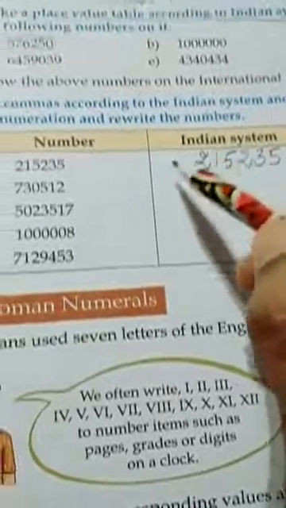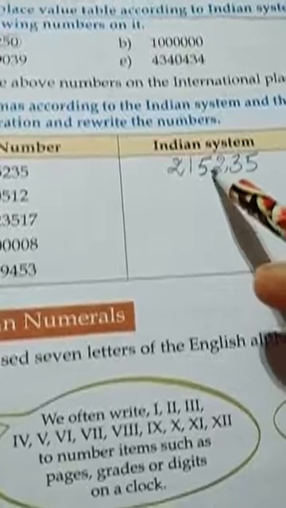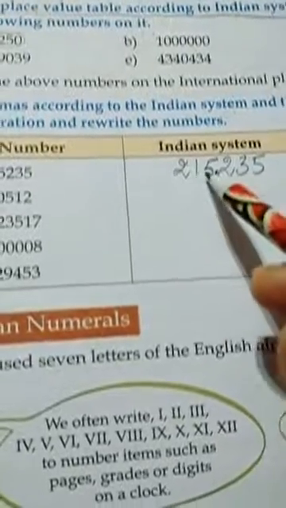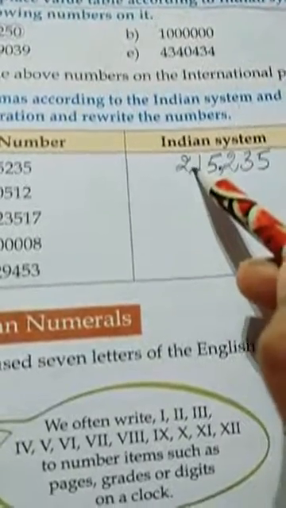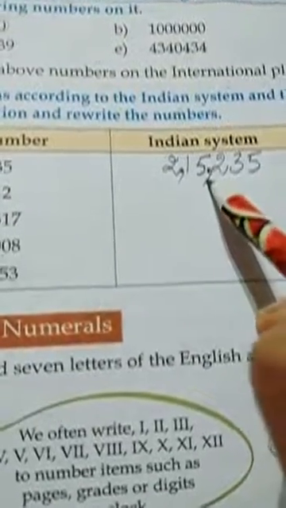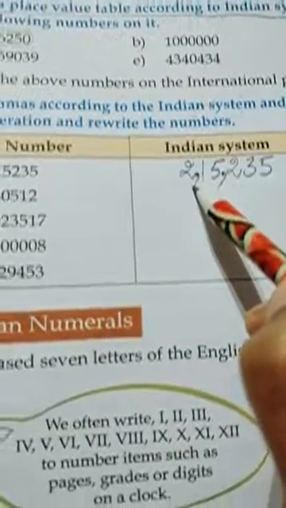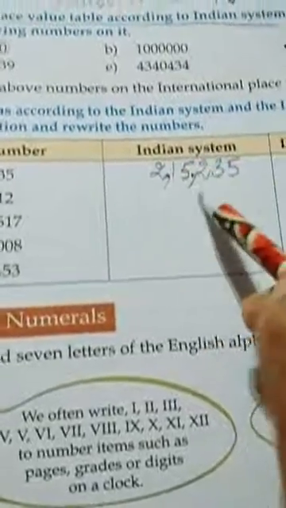According to the Indian system we have to put the commas. Ones, tens, hundreds, then thousands, ten thousands. Like this, the first group is of 3 digits, after that a comma is used, then a 2-digit group, after that a comma is used. This is according to the Indian system.